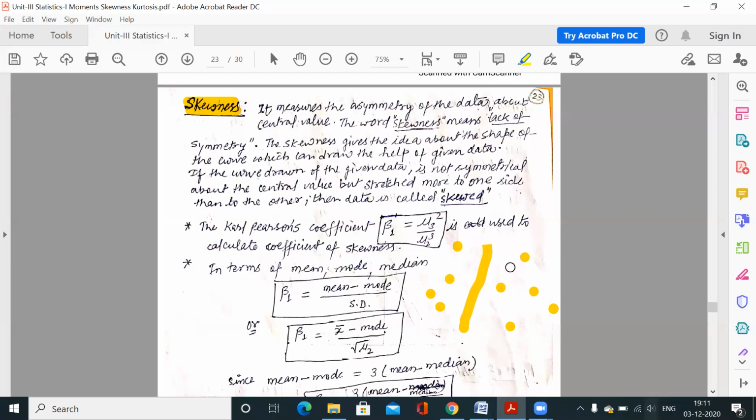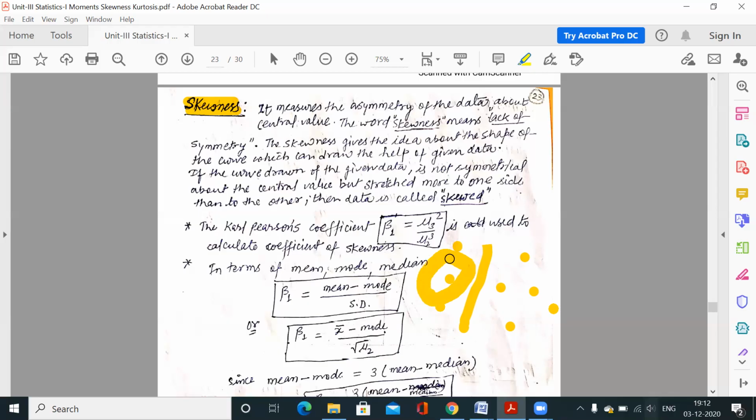If the number of points on the left hand side is equal to the number of points on the right hand side, then we say this data distribution is symmetric. So skewness is not there. We say that skewness is zero, because this is symmetrical data.